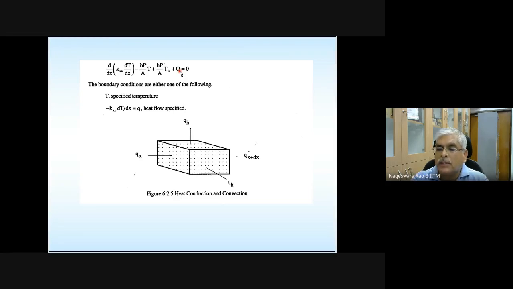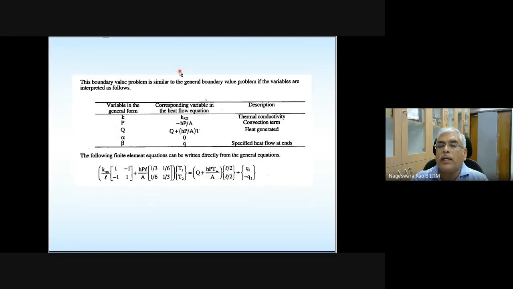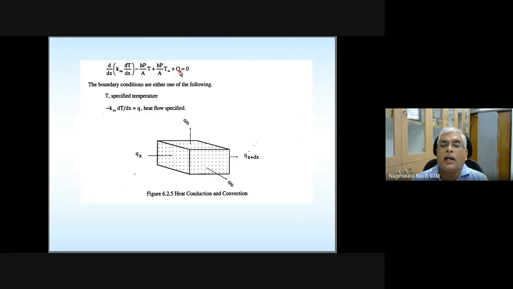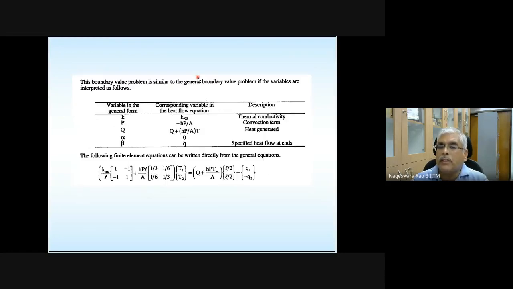What are the boundary conditions for this problem? The boundary conditions can be temperature specified or heat flow specified. So if you take this equation and compare it with the general one-dimensional boundary value problem, you can easily write the element equations. You can cross check this one.